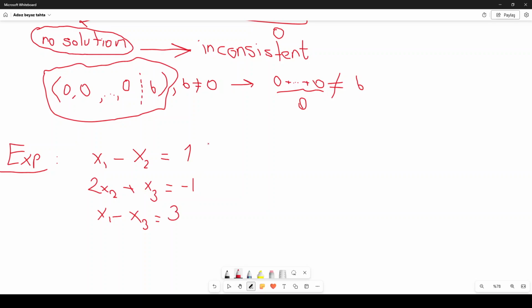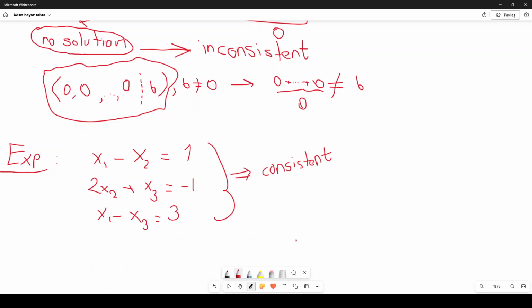Okay, now let's see whether or not this system is consistent, to make sure that we really comprehend how we can determine whether or not a system is consistent.